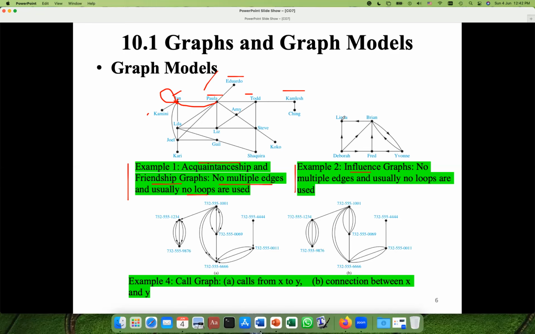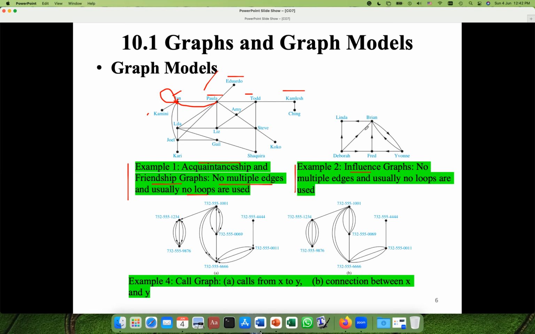So here we have the influence graph. If it is an influence graph, then you can understand that one person has influence over another person, so direction is there. Sometimes it can happen that both persons have influence over each other. If that condition is given, then you can represent multiple edges, otherwise not.